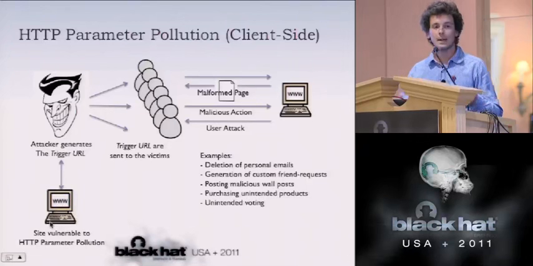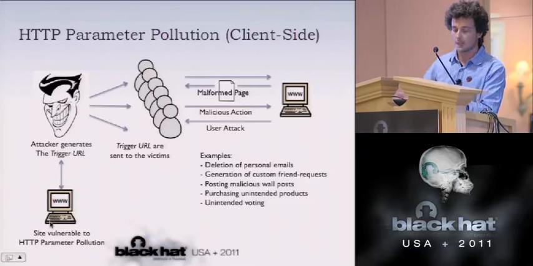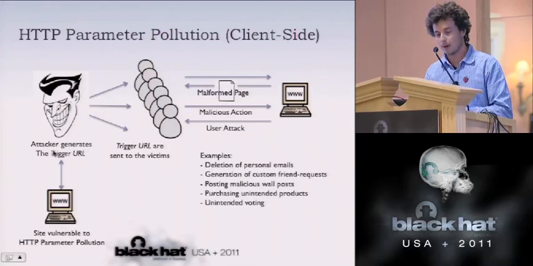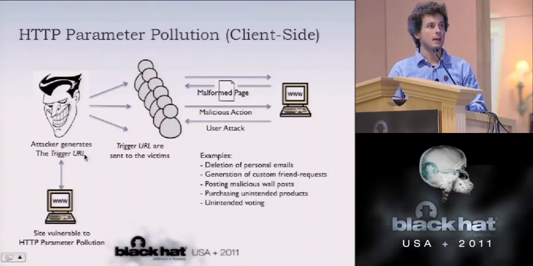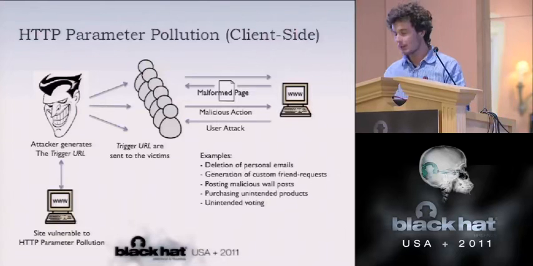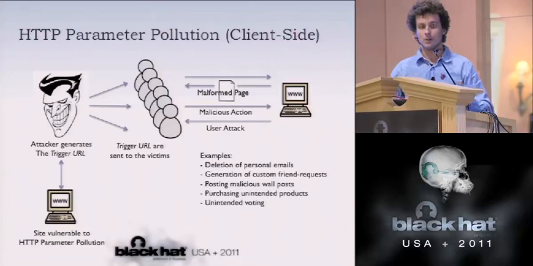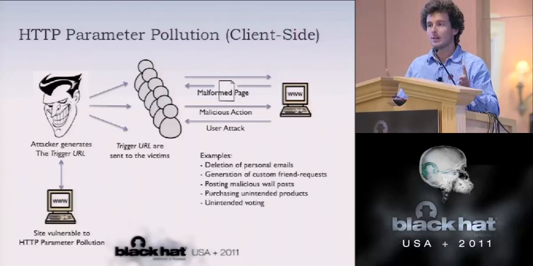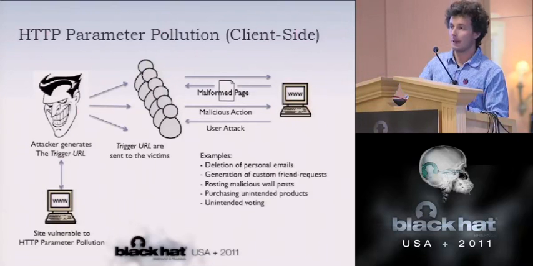The bad guy realizes that this site can be used to perform attacks, so he creates a trigger URL. You can think of a trigger URL as a URL that the attacker sends to the victim, and when the victim clicks on this URL, they end up with a page that has somehow been modified by the attacker.